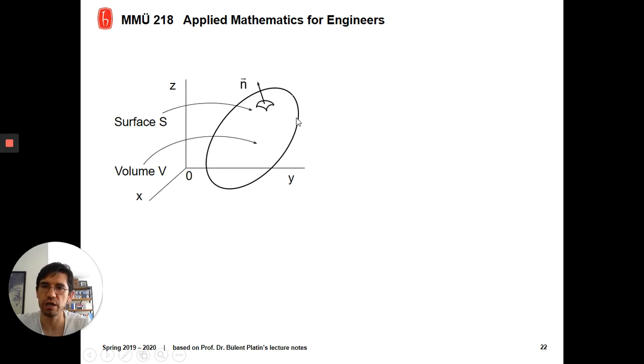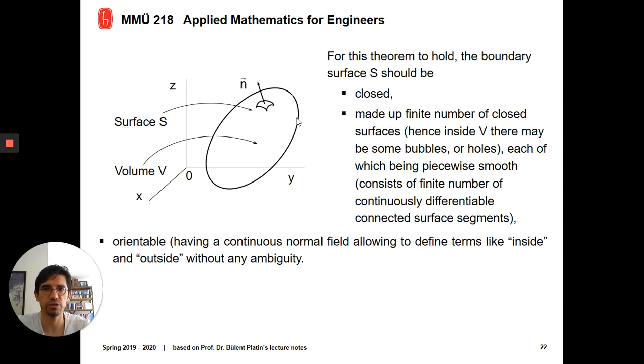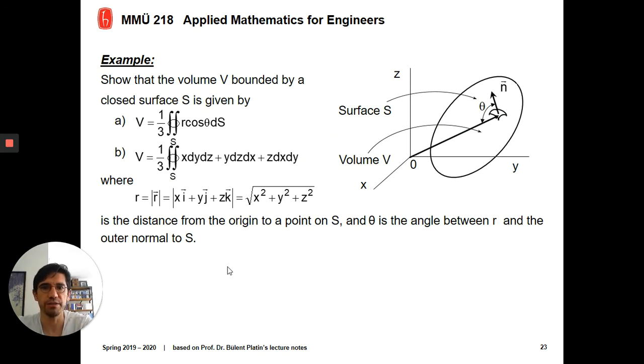You can use the Gauss theorem as you like it, as long as your surface is closed and piecewise smooth and so on and so forth, orientable, which means that I can define the inside of the volume and outside of the volume without any hesitation or ambiguity. And those are my definitions.